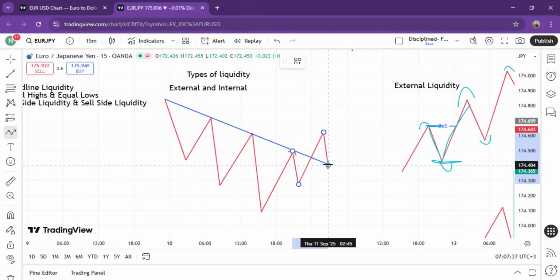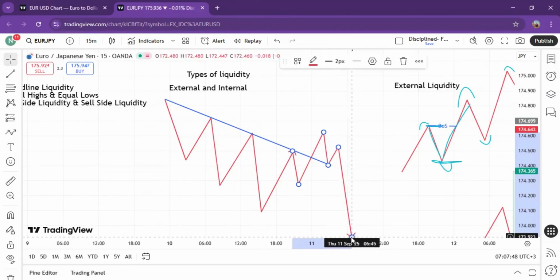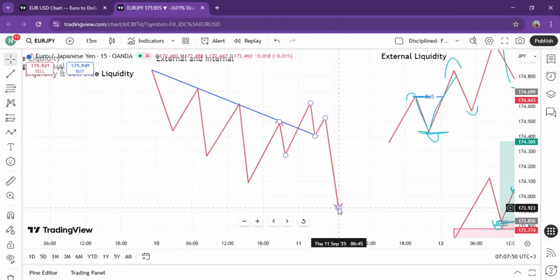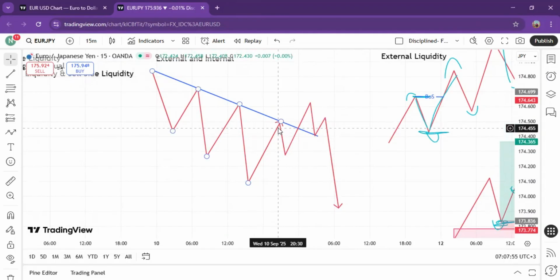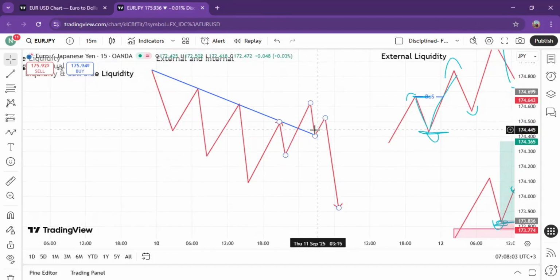Again, sometimes it tricks even the buyers to think that we are retesting this level here, then the market continues with the normal downtrend direction, taking out the liquidity of the sellers who are going to enter the market once it taps on this trend line, and again taking out the liquidity of the buyers who are going to get into the market when the market retests this trend line after a breakout.